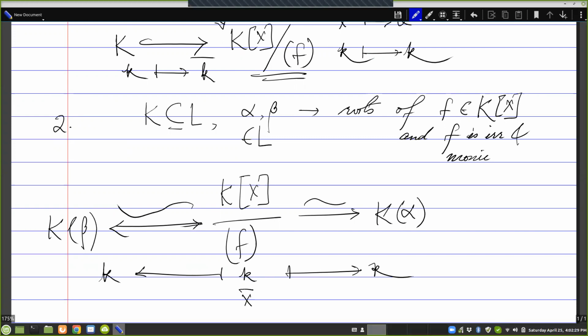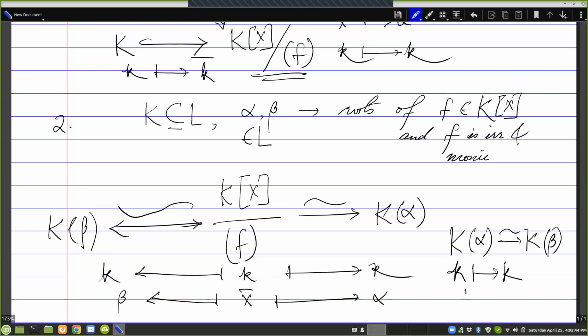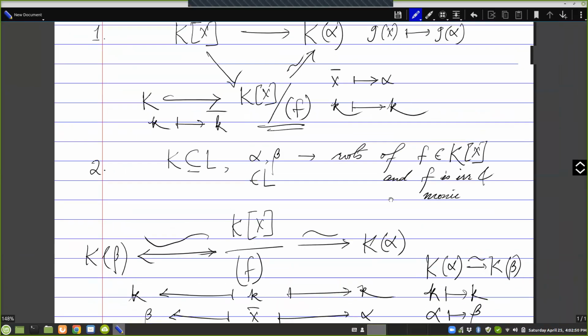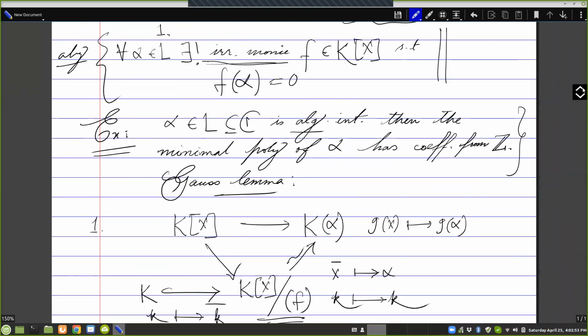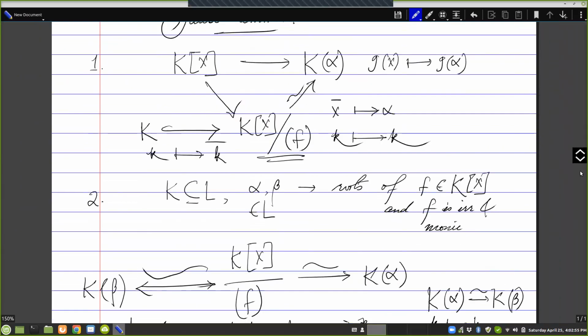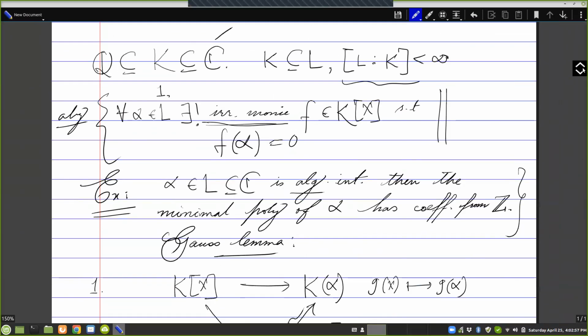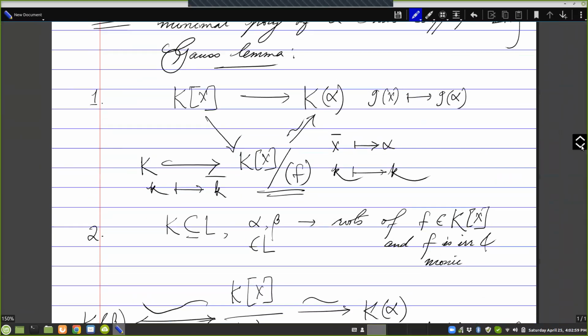Now one sends x bar to alpha, and the other sends x bar to beta. So composing them, we get an isomorphism from K alpha to K beta, which fixes every element small k of capital K and sends alpha to beta. Okay, so far so good. I hope that I discussed all that was necessary.